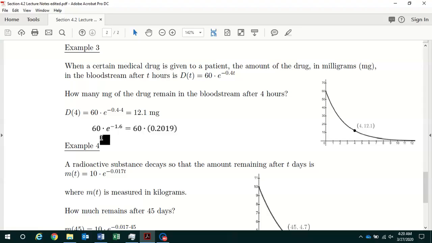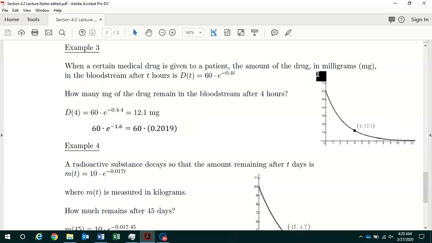Exponentiation comes before multiplication. Well, on your calculator, e to the minus 1.6 power is equal to 0.2019 to 4 decimal places. And then when you multiply that number by 60 and round to 1 decimal place, you get 12.1. 12.1 what? 12.1 milligrams. So after 4 hours, there are 12.1 milligrams of the drug in the bloodstream.